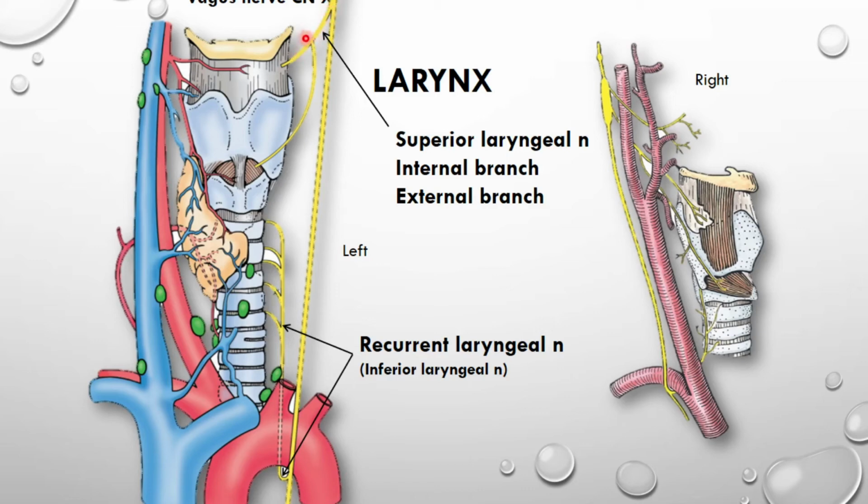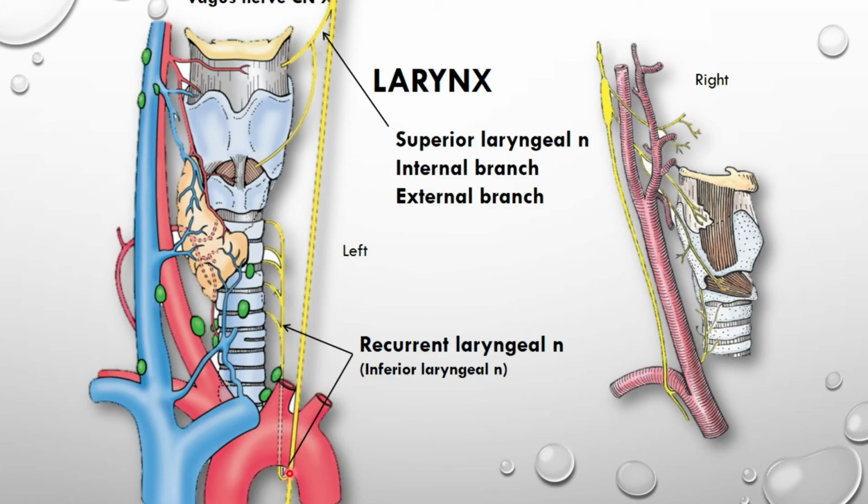So superiorly, it gives off the superior laryngeal nerve, which is this here. And this splits into two branches, an internal branch and an external branch. The internal branch is sensory and the external branch is motor.